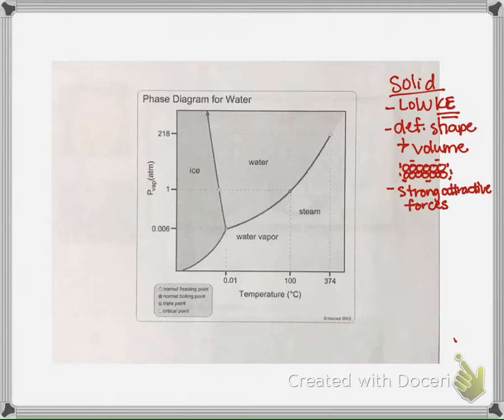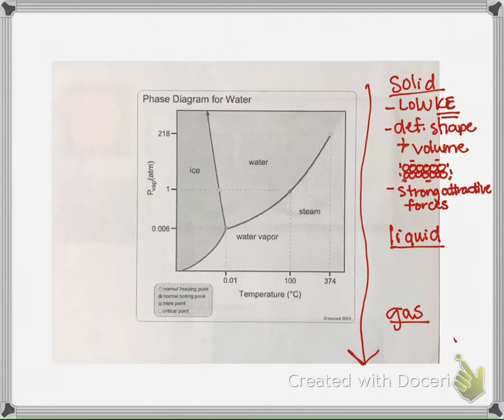Now, this is for a solid, so as we go towards the gas state, all of these things are basically changing. Of course, a liquid is the state that is kind of moderate and in between the solid and gas states. But as we get to the gas state, we've got really high kinetic energy, okay?